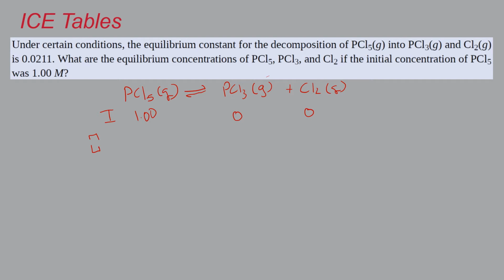So you can expect changes, and maybe we put those in a column. It says C, but we don't know how much it's going to change by. But we can maybe at this point think symbolically.